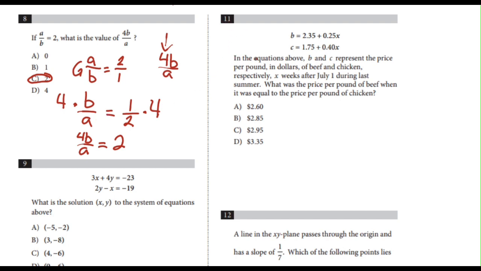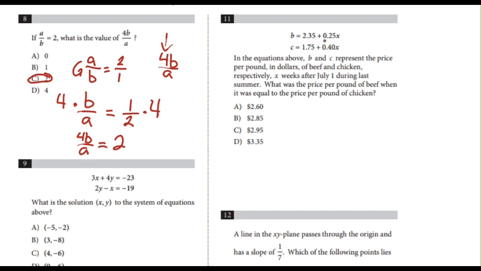Number 11. In the equations above, B and C represent the price per pound in dollars of beef and chicken, respectively, x weeks after July 1st during last summer. What was the price per pound of beef when it was equal to the price per pound of chicken?